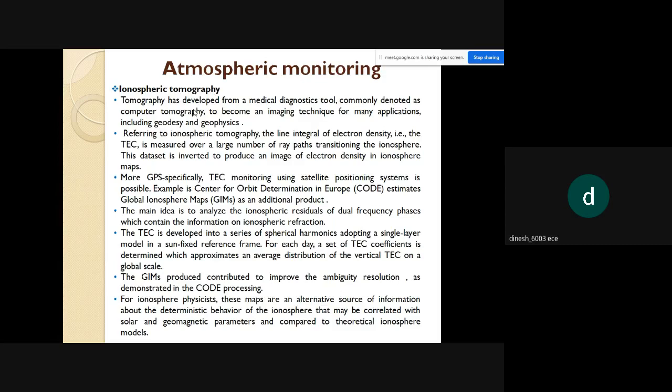The global ionosphere maps contribute to improving the ambiguity resolution, as demonstrated in the CODE processing, the Center for Orbit Determination in Europe.